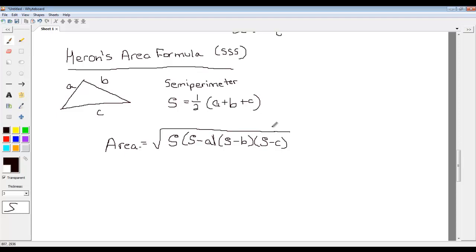So let's say, for instance, you have a triangle with sides 262 miles, 599 miles, and 834 miles.